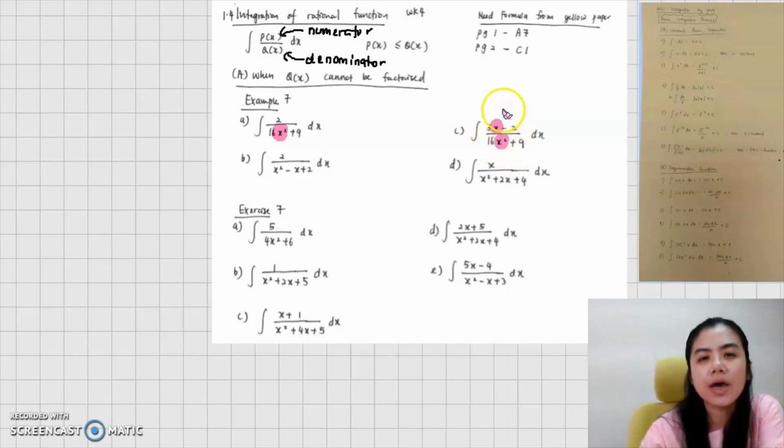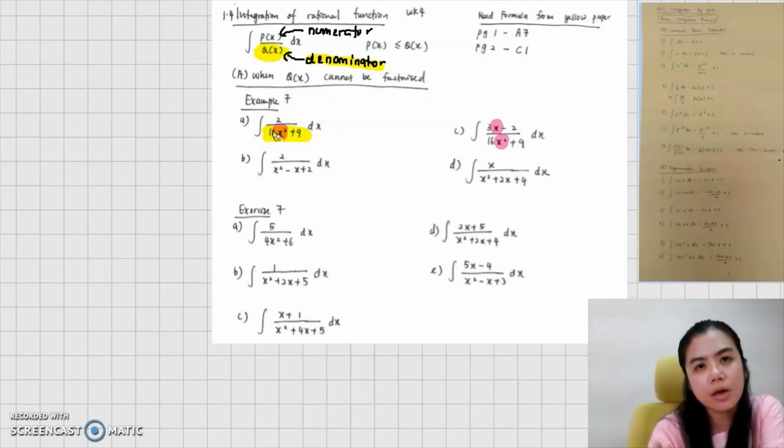When you have that case, we have to check the q. Either the denominator cannot be factorized, or the q can be factorized. But in this video, we just cover the case where the q cannot be factorized.